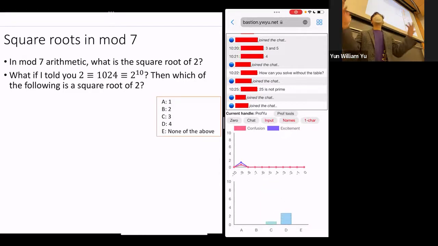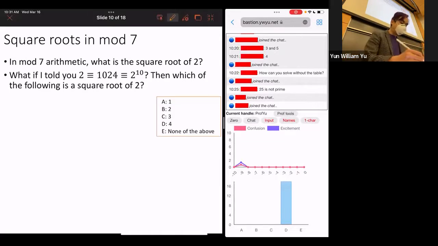So somehow, if I told you in advance that 2 is congruent to 1024, then it should be a lot easier to figure out what the square root is. So let's try to figure this out. Well, we always know that 2 to the 5 times 2 to the 5 is congruent to 2 to the 10.